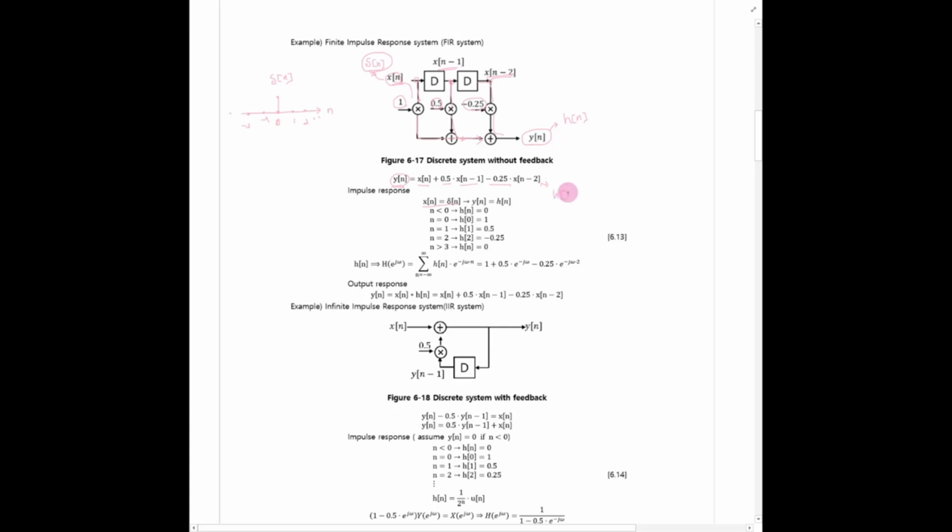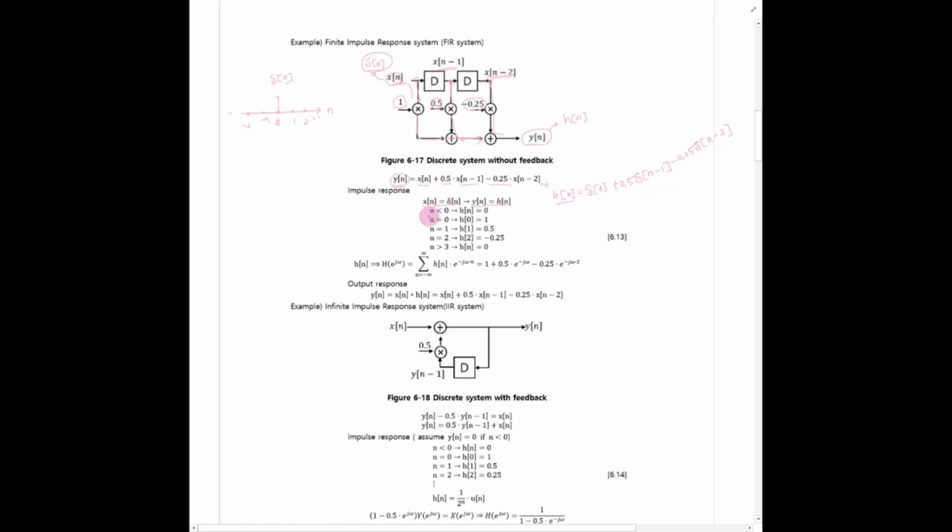The output becomes the impulse response, so y[n] is h[n], and x[n] is delta[n], plus the weighting factor 0.5 times delta[n-1], and minus 0.25 times delta[n-2]. Okay, so this is the impulse response behavior.